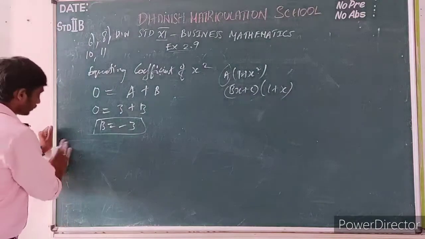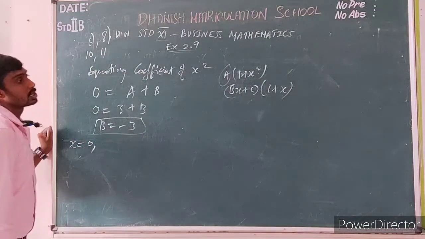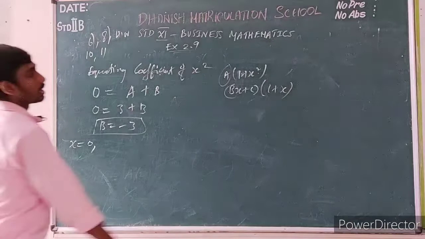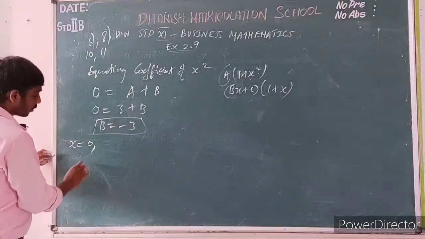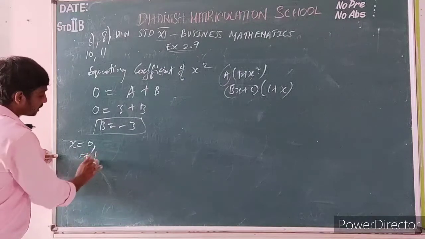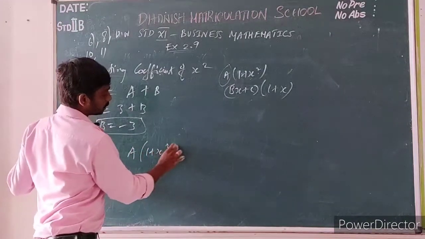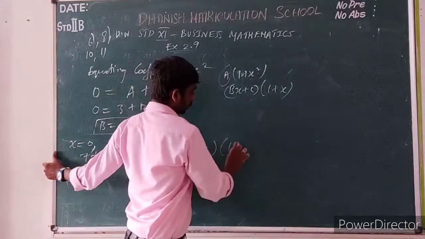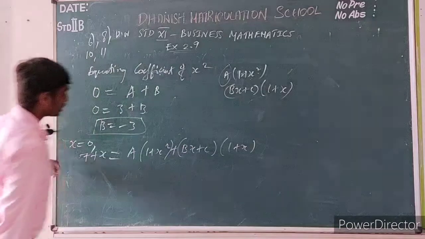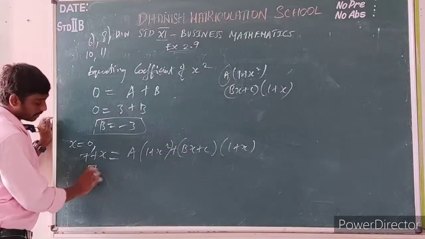Next I am going to substitute x is equal to 0 in the equation. The equation is 7 plus x equal to a into 1 plus x square plus bx plus c into 1 plus x. Substituting x is equal to 0: 7 plus 0 is 7.